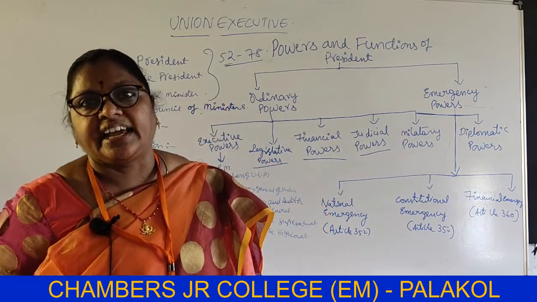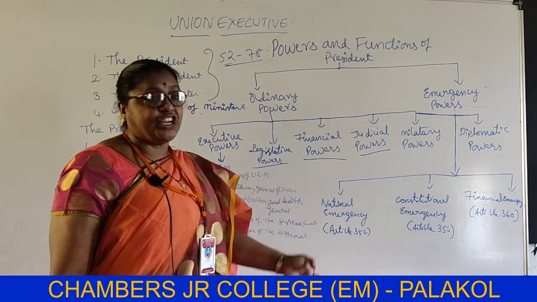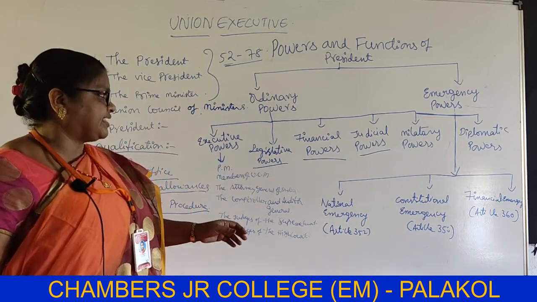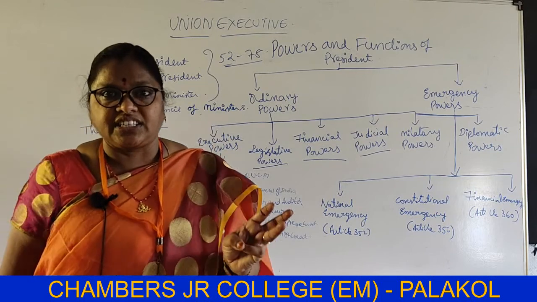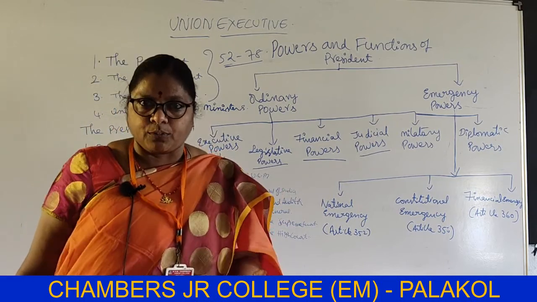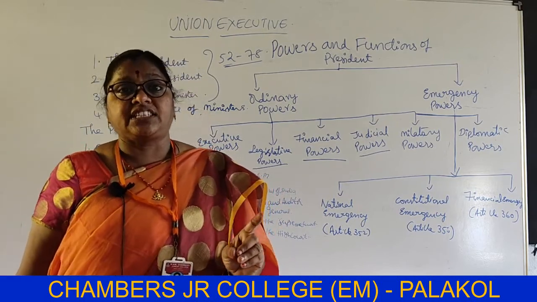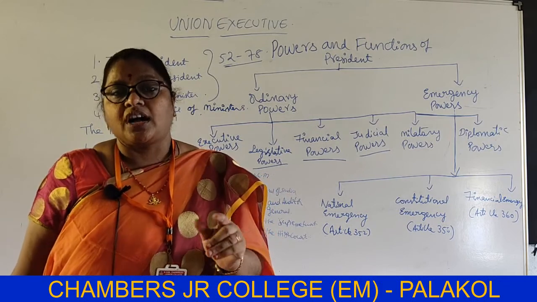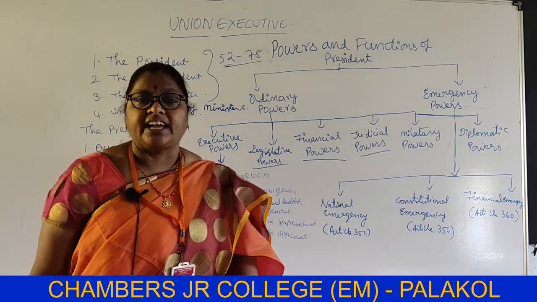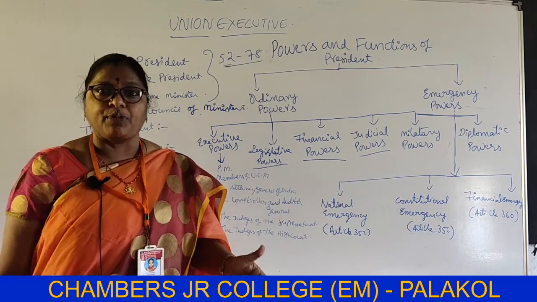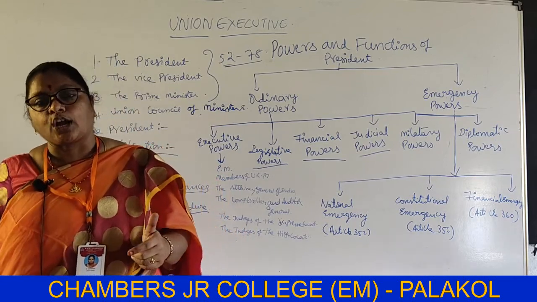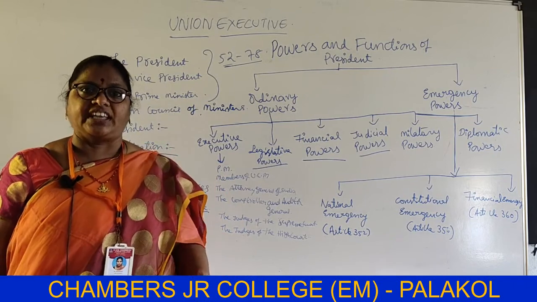Okay, and these are the judicial powers of the president. Once again, you see, he appoints the Chief Justice and other judges of the Supreme Court and of the State High Courts, and he can grant pardon, reprieve, respite, remission of punishments, and commute any sentence.